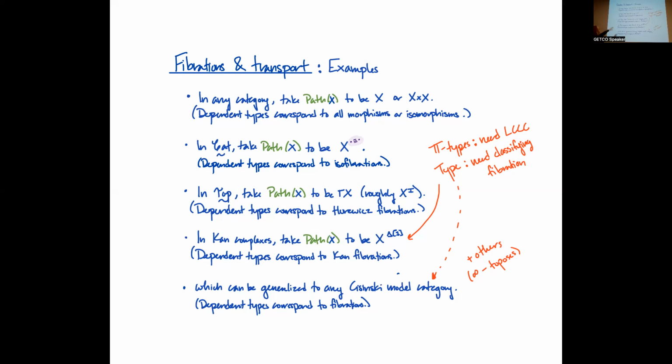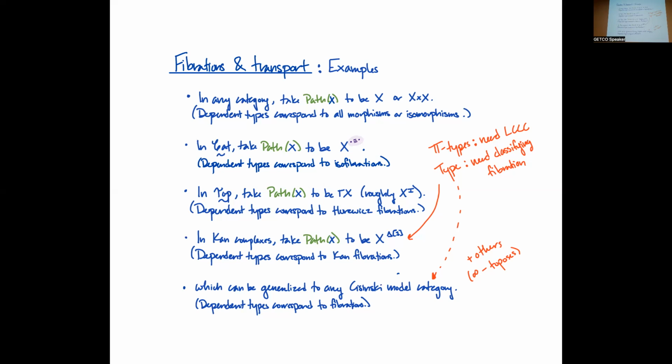So some of these things don't work very well. They're not locally Cartesian closed, like this one. Maybe that one in general is not locally Cartesian closed. This one doesn't have a classifying fibration. And so our favorite model is really Kan complexes, which is a topos, it's like everything you could want it to be, along with certain other model categories.